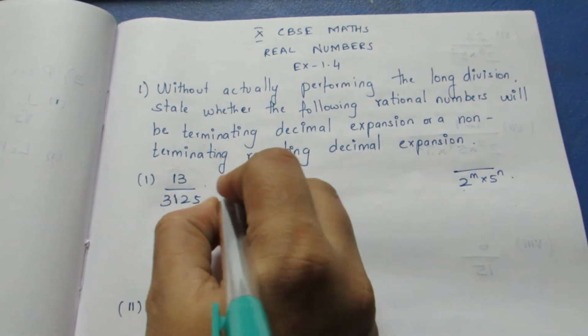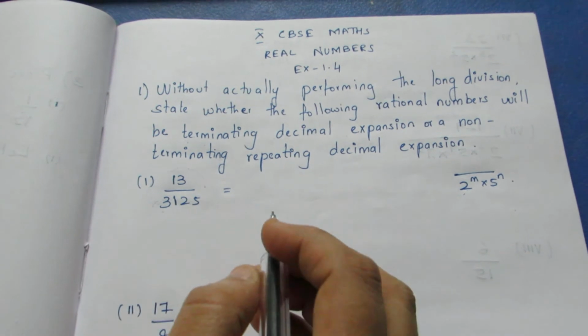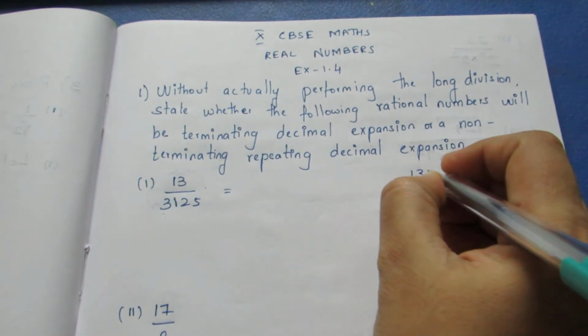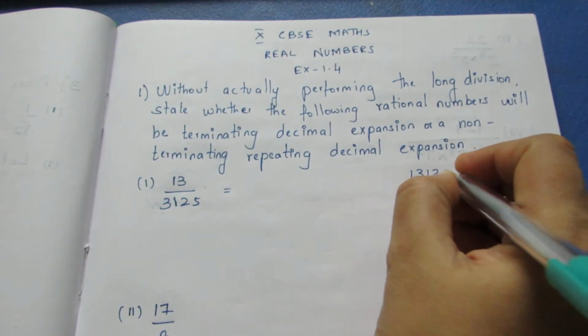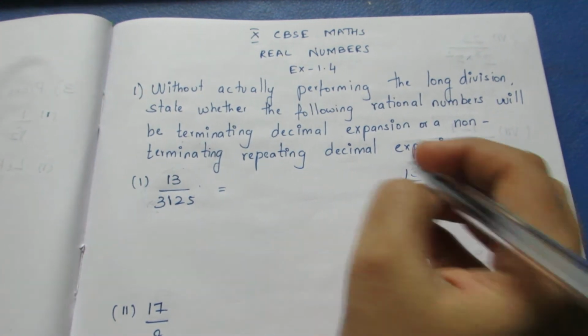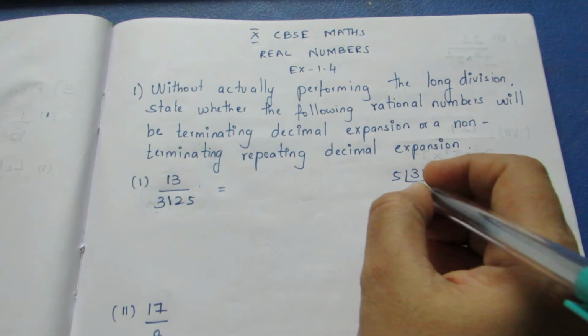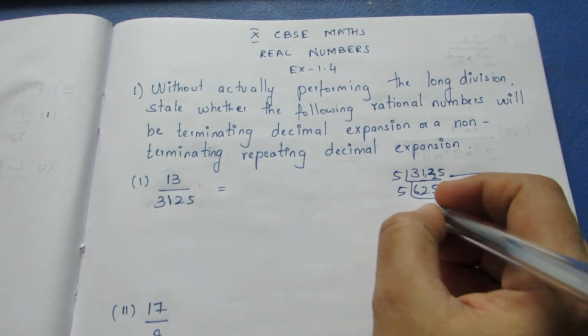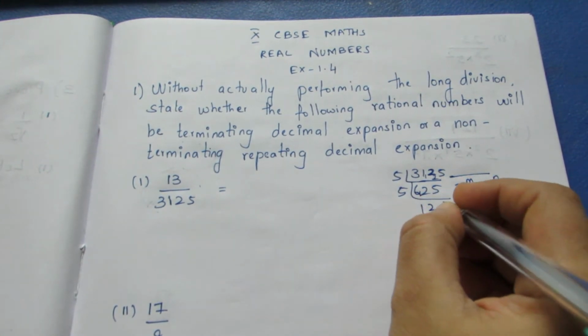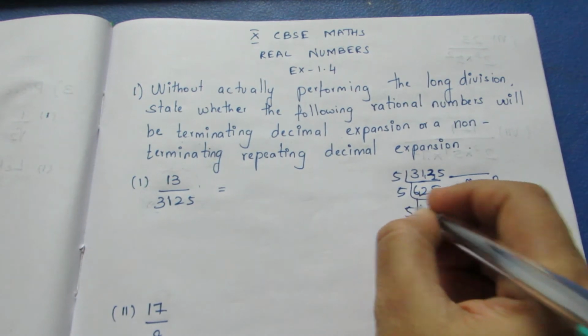Let us see now. We need to factorize the denominator. If I factorize 3125, it goes in 5 tables. 5 sixes are 30, 5 twos are 10, 5 fives are 25. Again divide with 5. Again with 5.